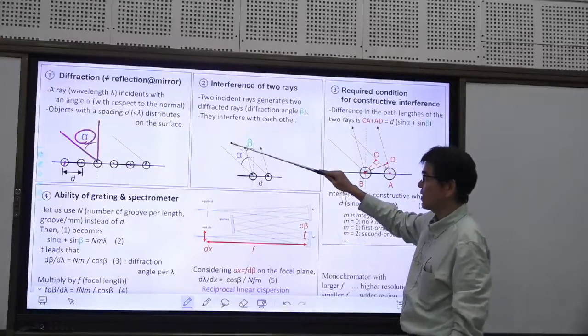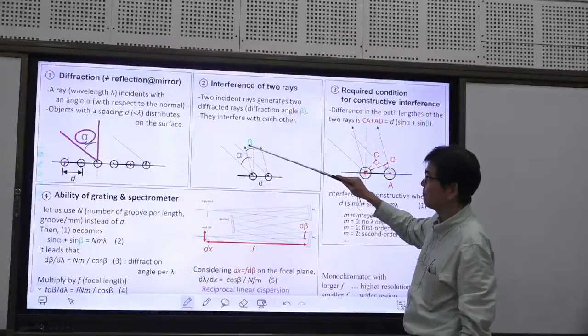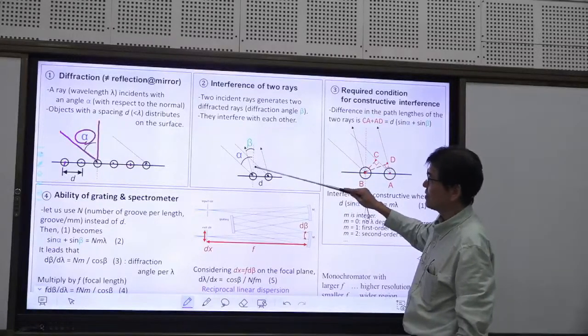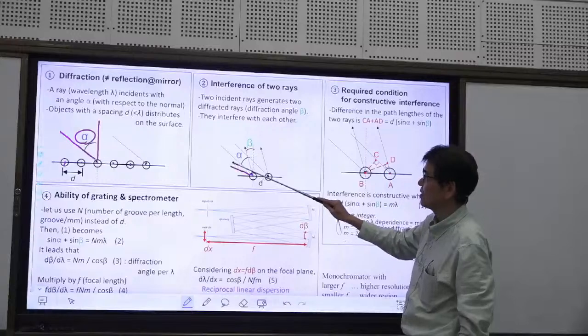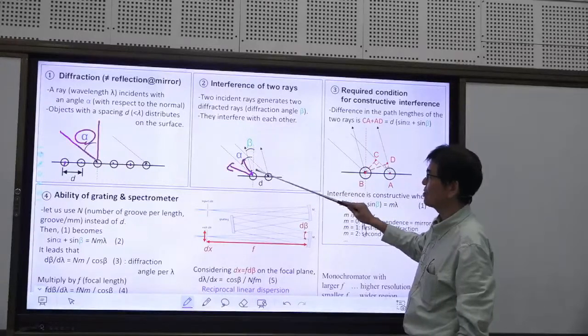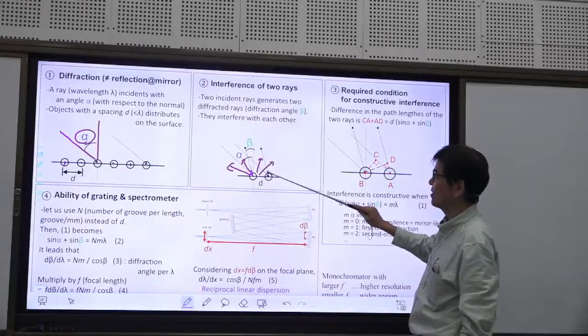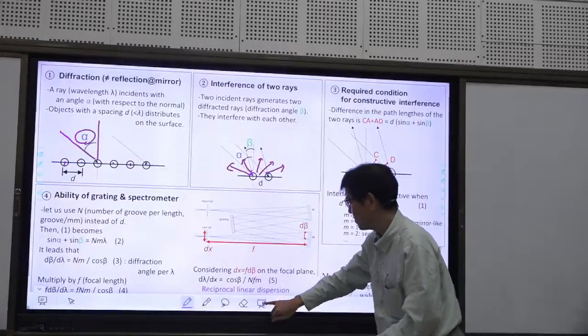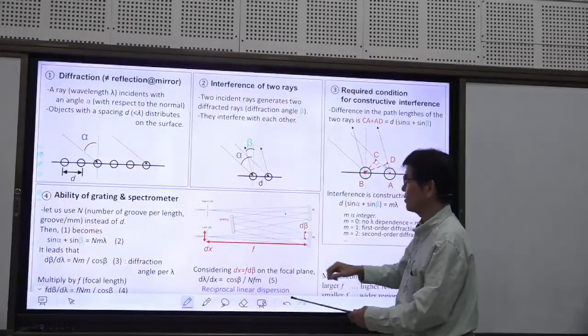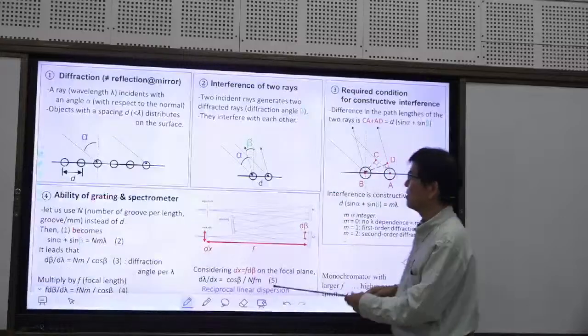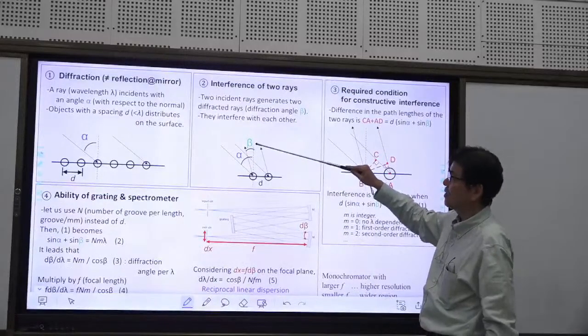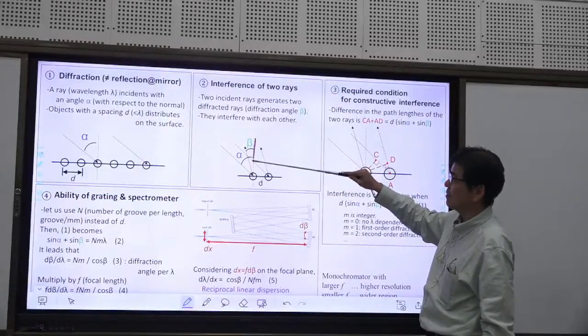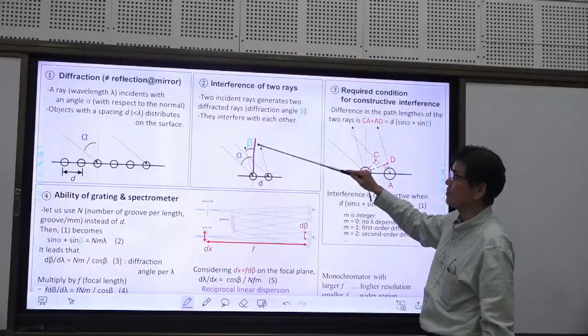Then the diffraction occurs. Diffraction occurs in all directions. But let's pick up the component having the angle beta. Beta is again counted from the normal to the surface.